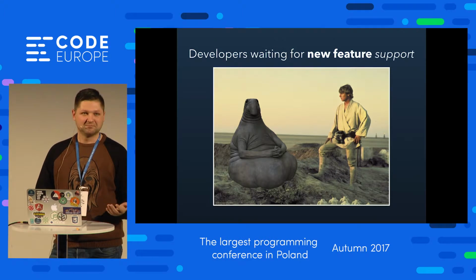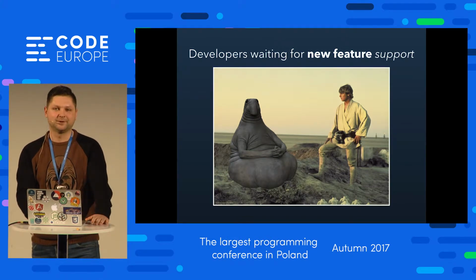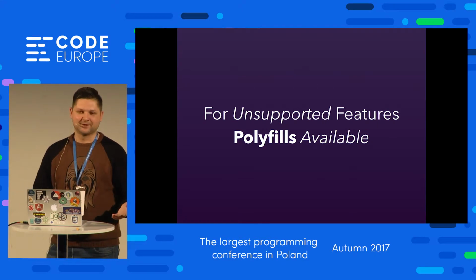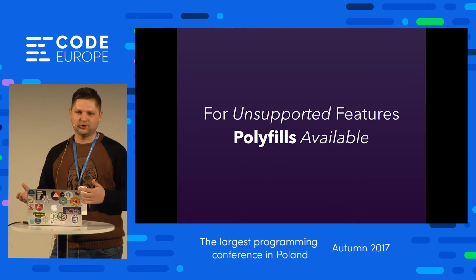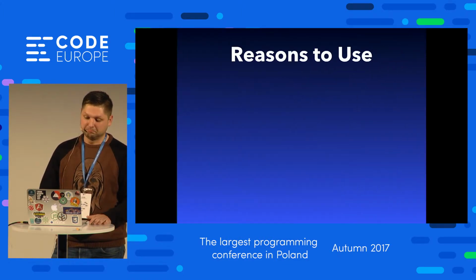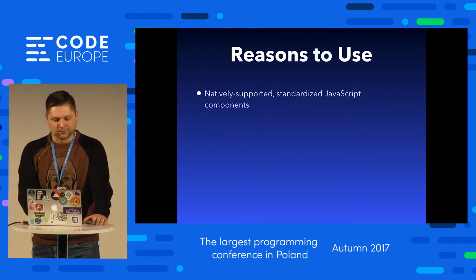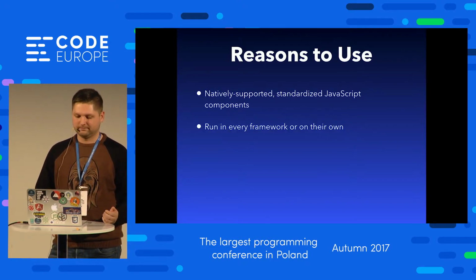And browsers want to implement features that are used nowadays. It's a kind of circular dependency: developers don't use the feature, browsers wait to implement it. So in this case, we should use polyfills for unsupported features before they are available.